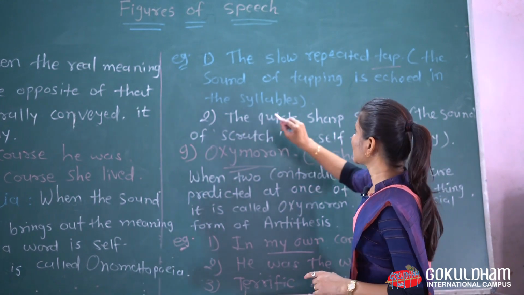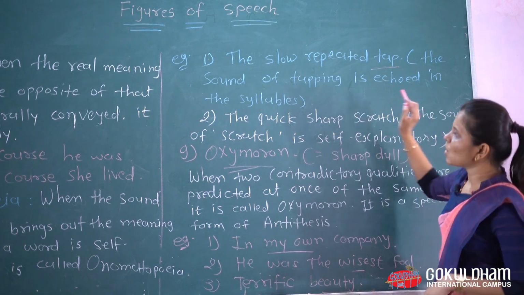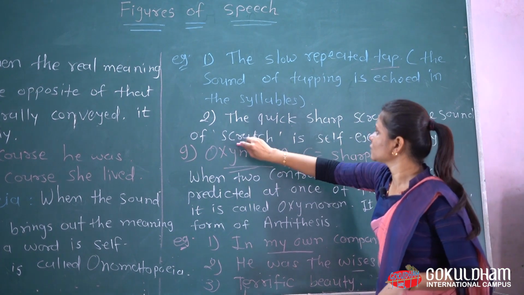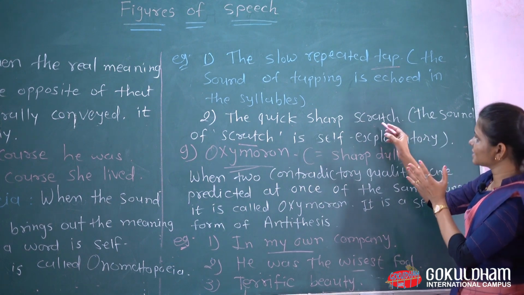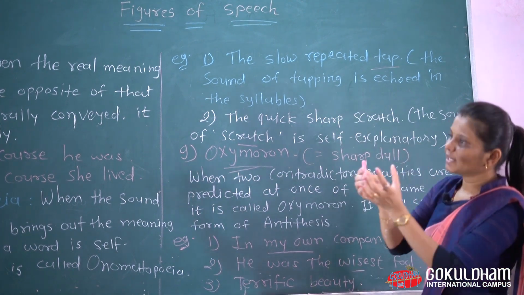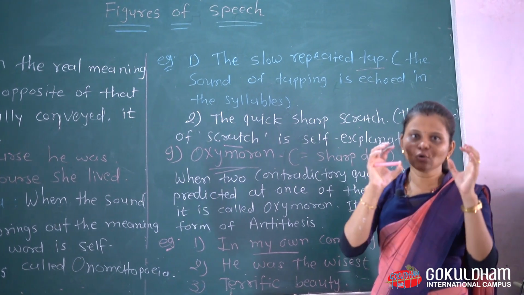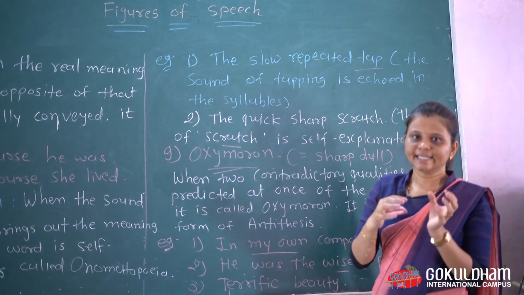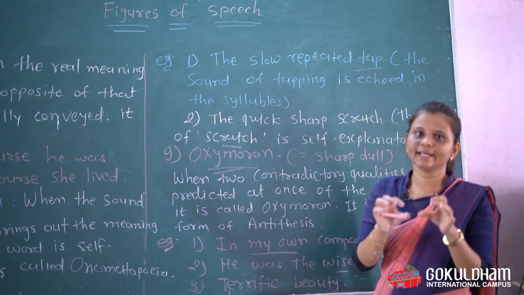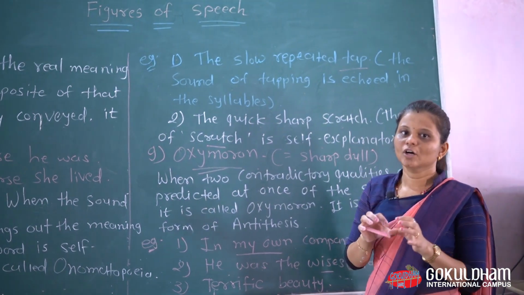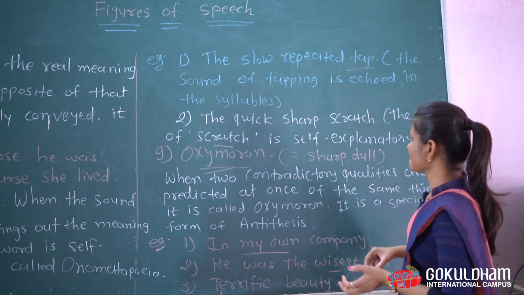Next, the quick sharp scratch. So here the sound of scratch is self-explanatory. The sound of scratch which you hear, that is onomatopoeia. So it shows a sound. You can identify it with its sound. So the scratch sound is the main thing here.